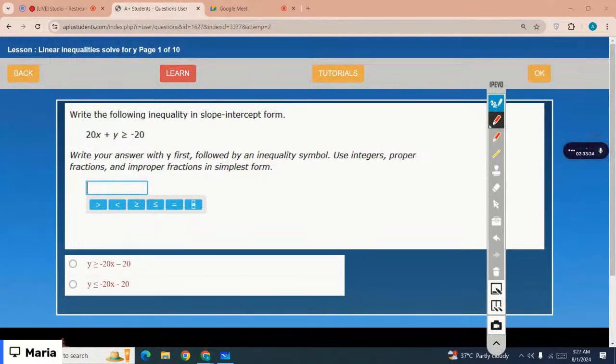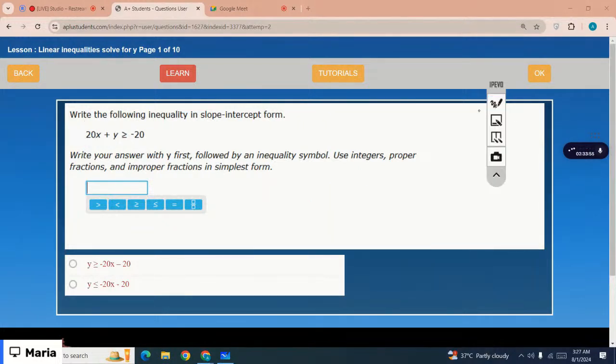In this inequality in slope intercept form, you have to move that 20x to the other side because y is isolated. So that is y is greater than or equal to negative 20 minus 20x. Option number one is the correct option, right? That is y is greater than or equal to negative 20x.